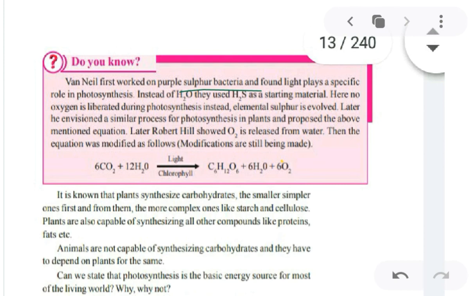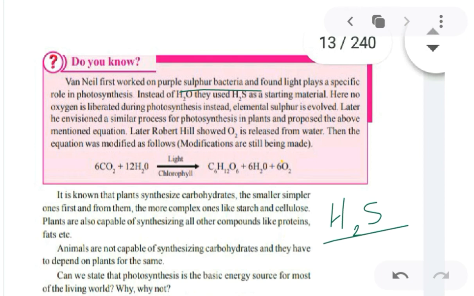Instead of water, they use H2S as a starting material. What is meant by H2S? H2S is nothing but hydrogen sulfide. So here, instead of water, Van Niel observed that hydrogen sulfide is playing the crucial role of starting material.